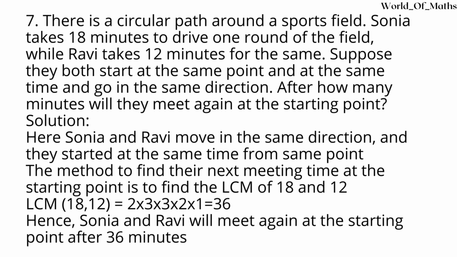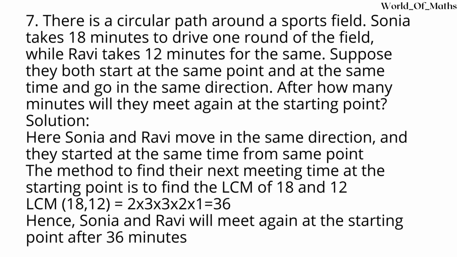Here, the method to find the time when they will be meeting again is to find the LCM of 18 and 12. We can see both Sonia and Ravi are moving in the same direction and they have started at the same time and also from the same point.